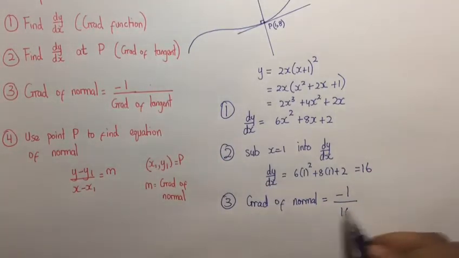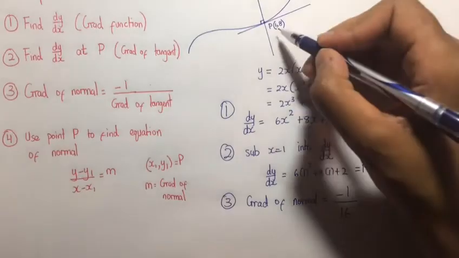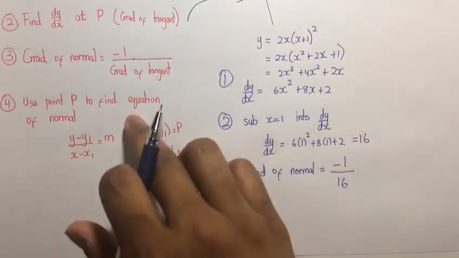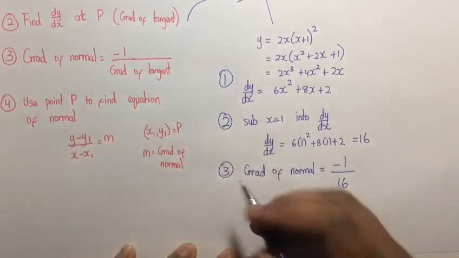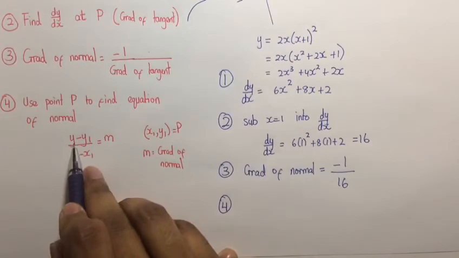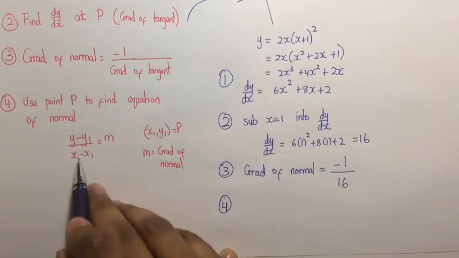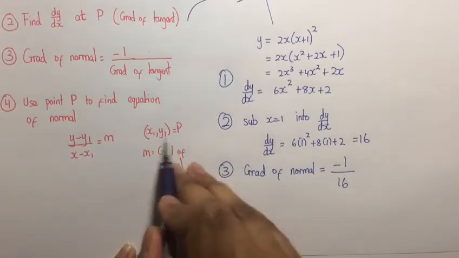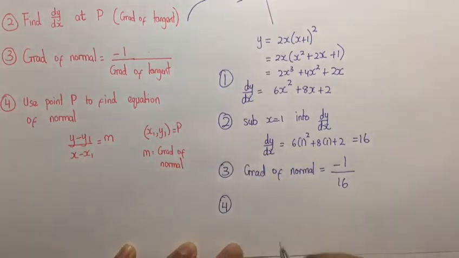So now we have the gradient of the normal, and we have a point (1, 8) that lies on the normal. So hence we can use the point P and the gradient to find the equation of the normal, as given by this equation: (y − y1)/(x − x1) = m, where m is the gradient of the normal and (x1, y1) is the point P.